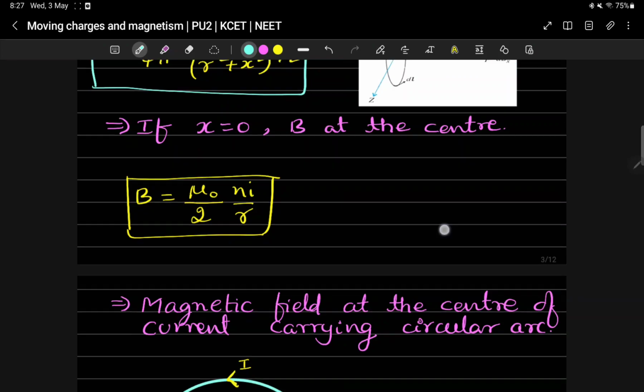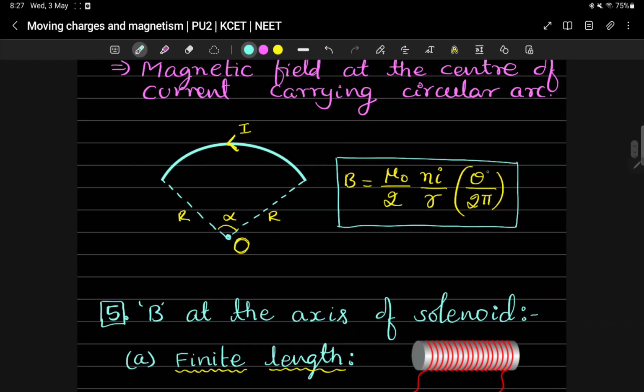So how much is that? Theta, but that should be in radians, so divided by 2 pi radians. Okay, so that's why we have to divide it by 2 pi. So we get this formula for that arc, the magnetic field due to a circular arc.